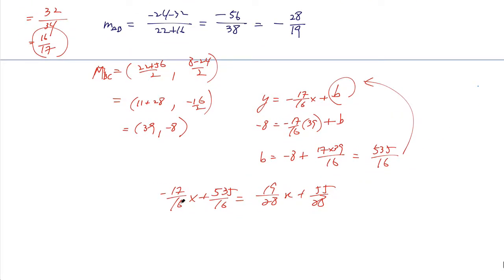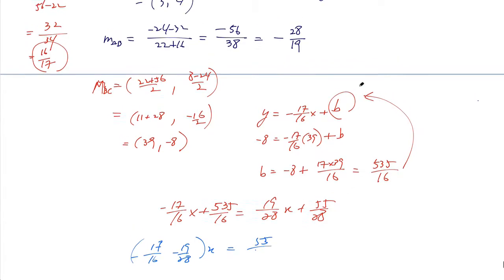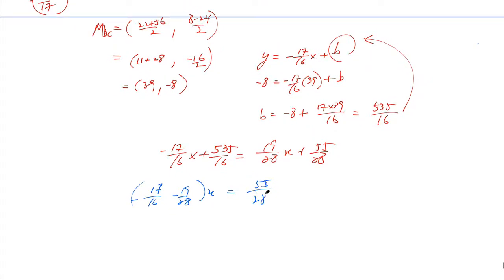Okay, so we're gonna have negative 17 over negative 19 over 28, and 55 over 28 minus 535 over 16. Okay, I'm just gonna get that on the calculator and divide by the result of that on the calculator.